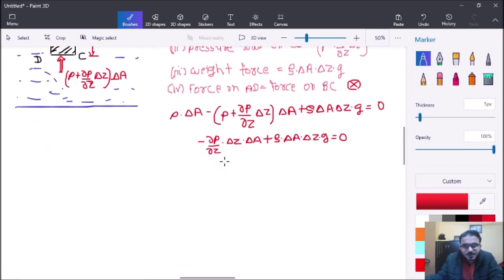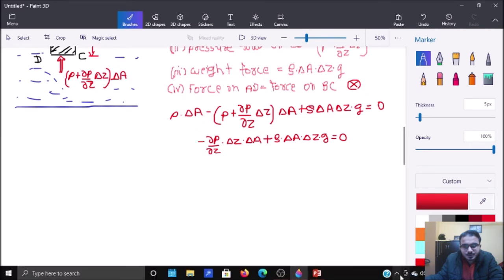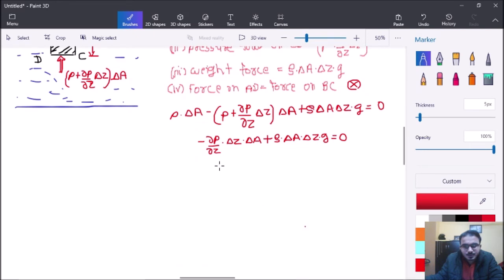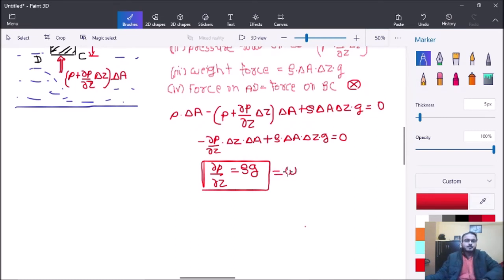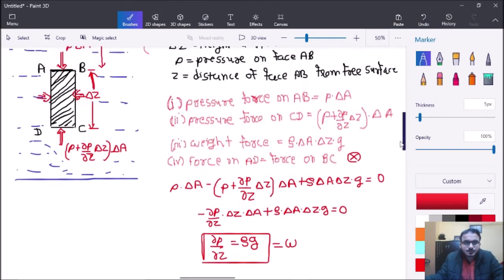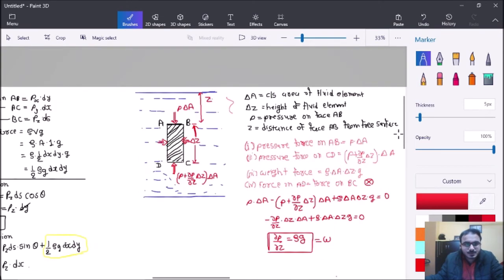So based on it, we will be getting del P over del Z is equal to rho G. So this is the thing which we wanted to prove, and this is also equal to the specific weight omega. So now we can copy this.